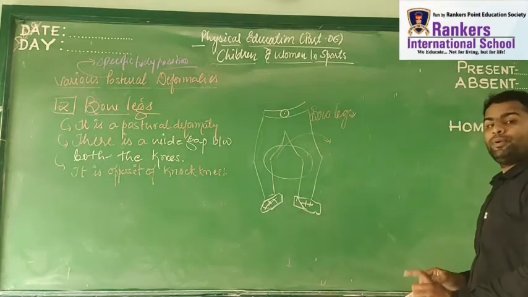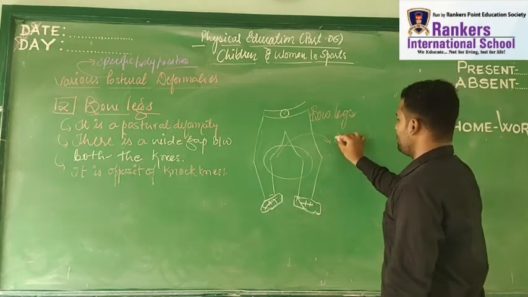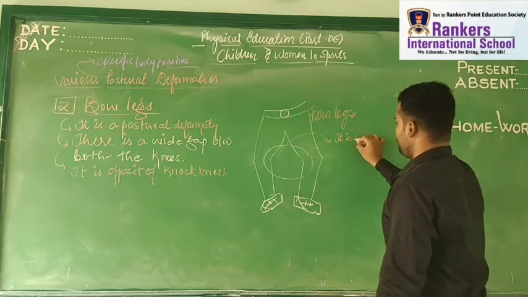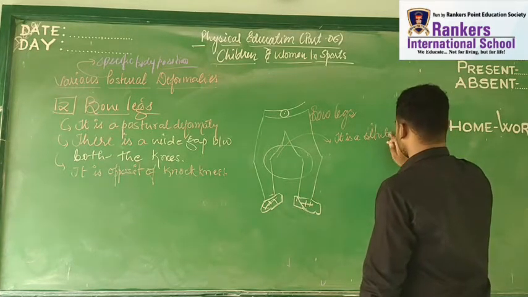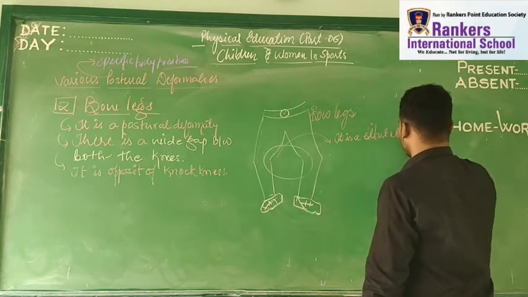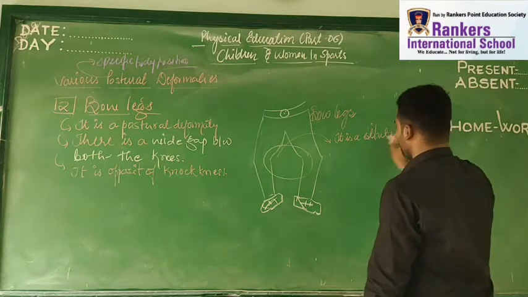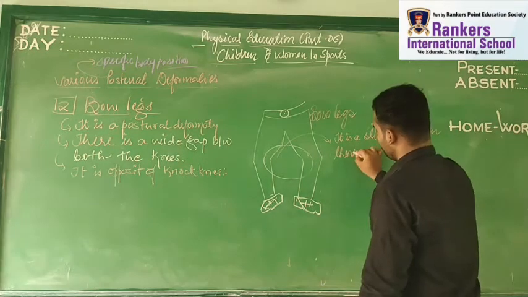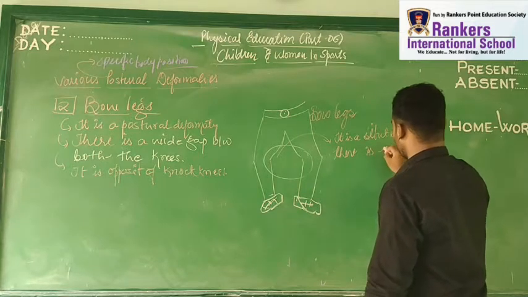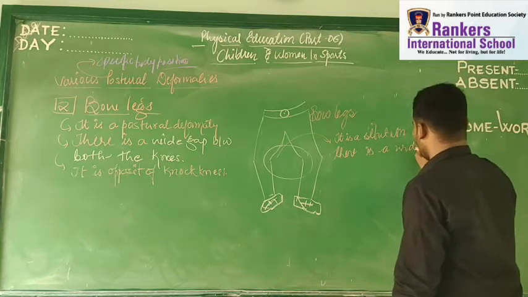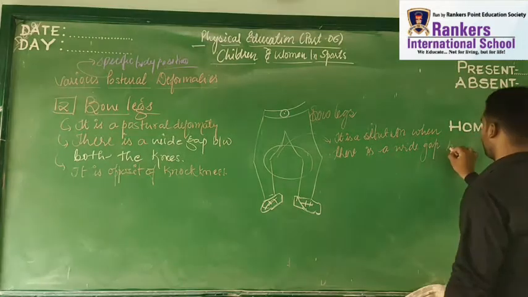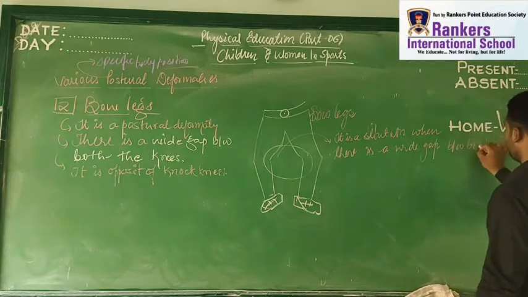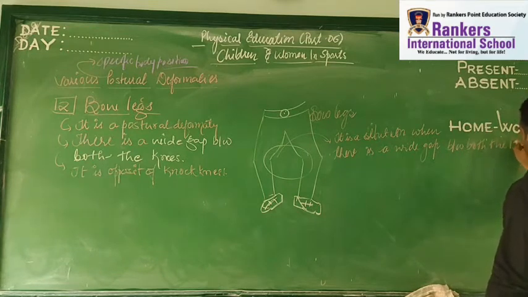Bow leg is a situation when there is a wide gap between both the knees. What it is, student?